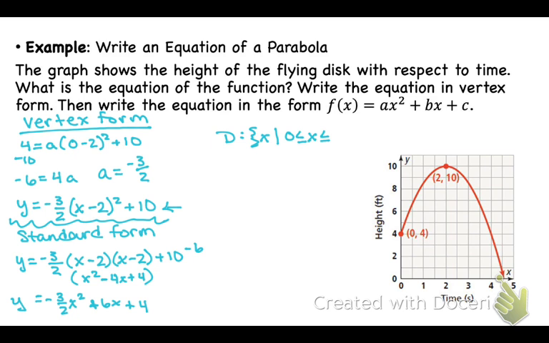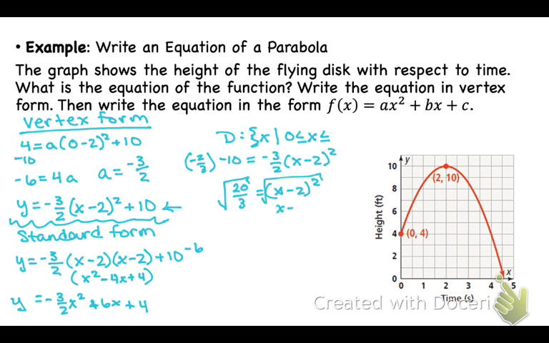So we have 0. Can I subtract the 10 over right away? Okay, so negative 10 equals negative 3 halves times x minus 2 squared. If it's times negative 3/2, I would have to multiply by negative 2/3. So that would be 20/3 equals x minus 2 squared. How do I get rid of squared? Square root.